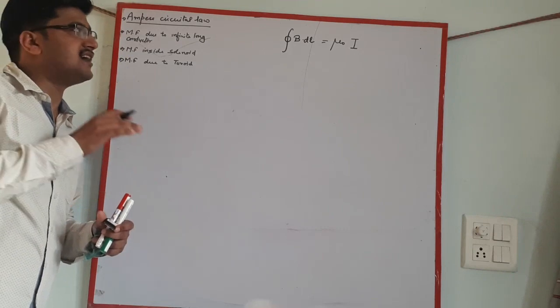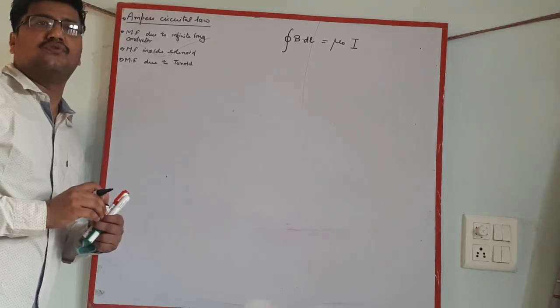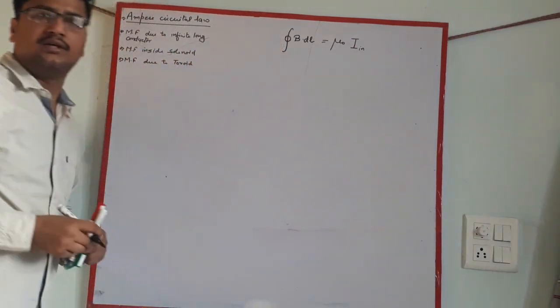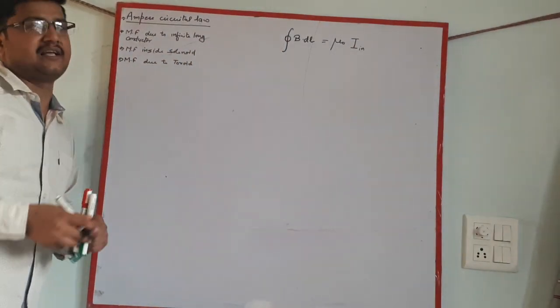The current must pass from inside the loop. We have to consider only those currents which are crossing the closed circuit, the closed path.